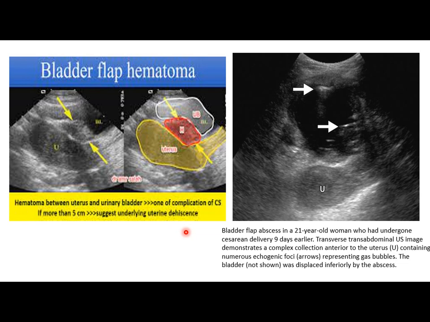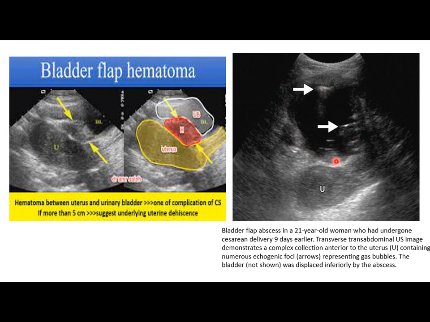In bladder flap hematoma, there is bleeding at the site of the hysterotomy leading to a collection of blood between the bladder anteriorly and inferiorly and the uterus superiorly and posteriorly. So this is a bladder flap hematoma, or collection. If it is less than 4 cm it is considered normal, while if it is large, more than 4 cm, it is abnormal, may undergo necrotic change and may cause abscess formation.